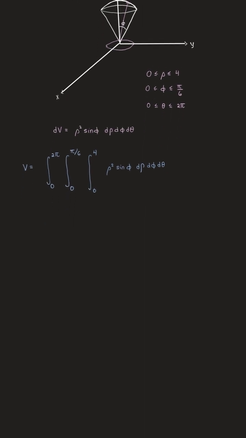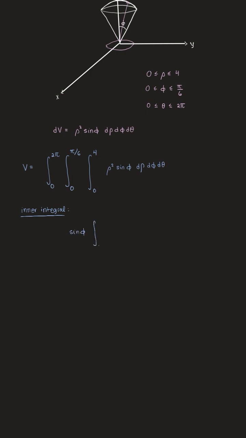Okay, so let's go ahead and evaluate this, and we'll start with our inside integral. The inner integral is in terms of rho, so sine phi is a constant, so I'm going to pull it out of the integral.